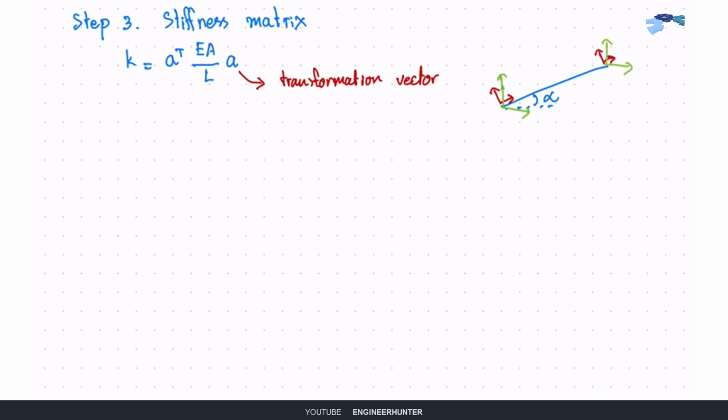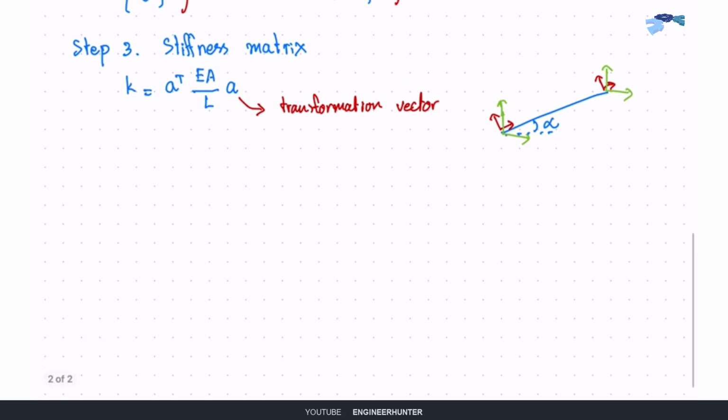So we need this transformation matrix to change the coordinate here, so that we can form the structural stiffness.